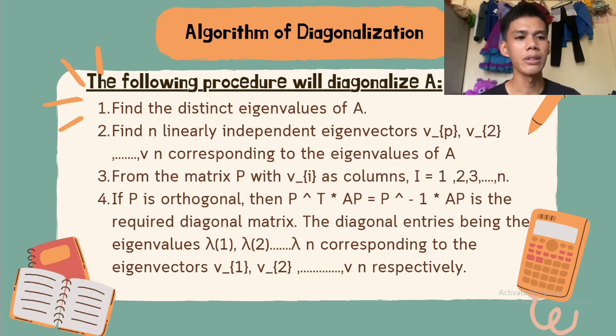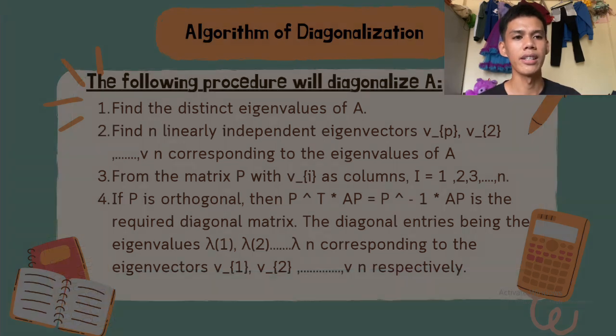If P is orthogonal, then P transpose AP equals P inverse AP, which is the required diagonal matrix, the diagonal entries being the eigenvalues lambda 1 and lambda 2, corresponding to the eigenvectors v1 and v2, vn respectively.